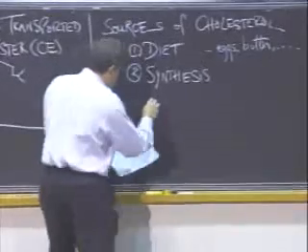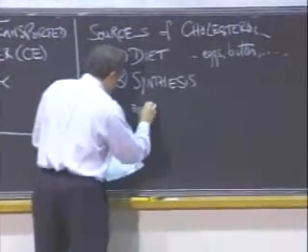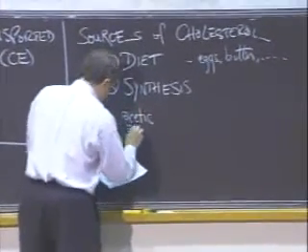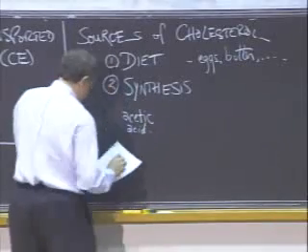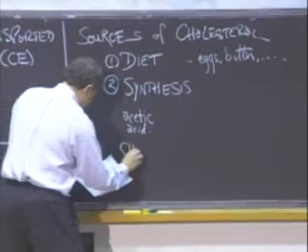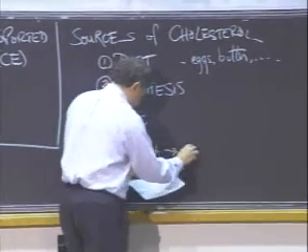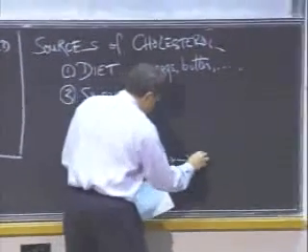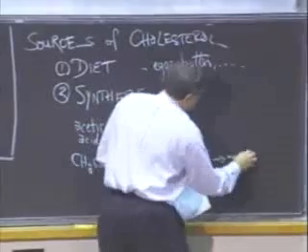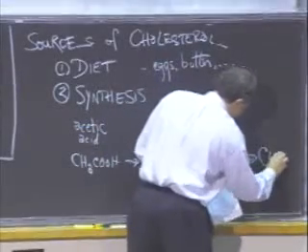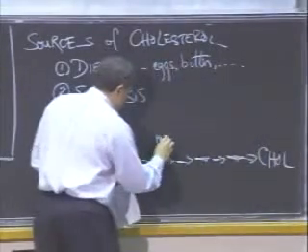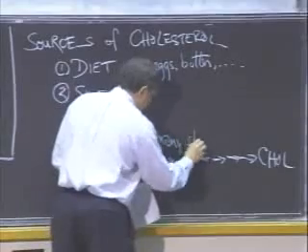It starts with an incredibly simple molecule, acetic acid, right? And it goes through many steps and becomes cholesterol, which I will summarize here as many steps.